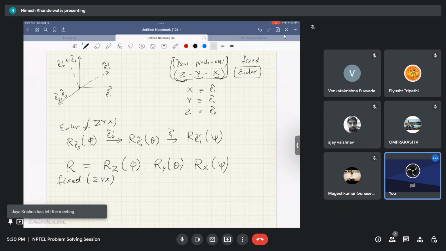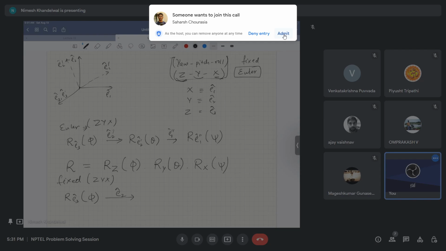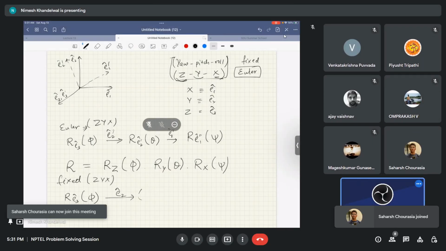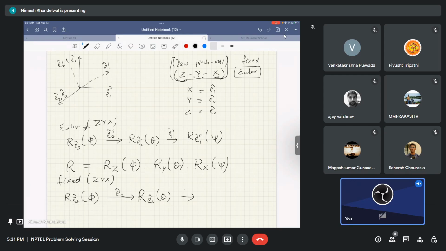In fixed angle, we first rotate along z, and then we rotate along the original y-axis, and not the new y-axis, by angle theta. The third rotation is also along the original axis, the initial ones that do not rotate, by let us say psi.